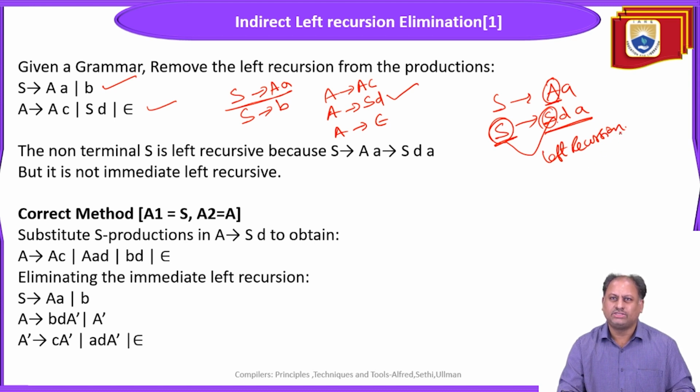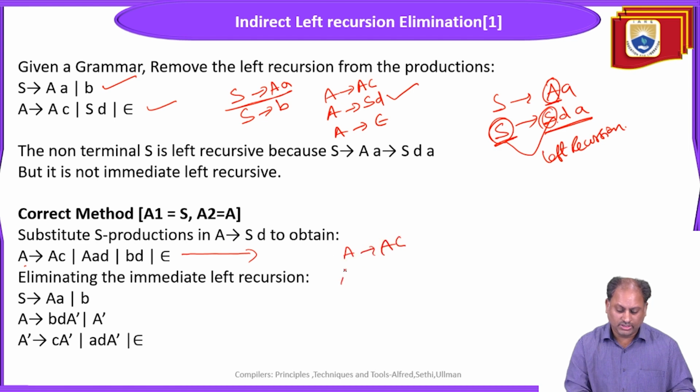In the given example, if you observe, A derives A c, A derives A a d, and A derives b d, A derives epsilon.